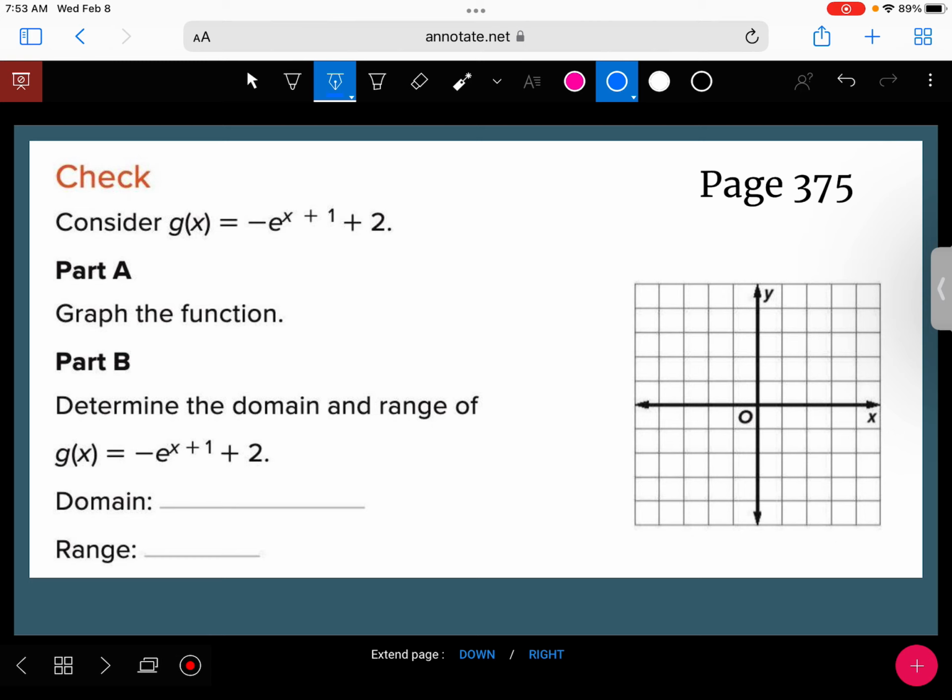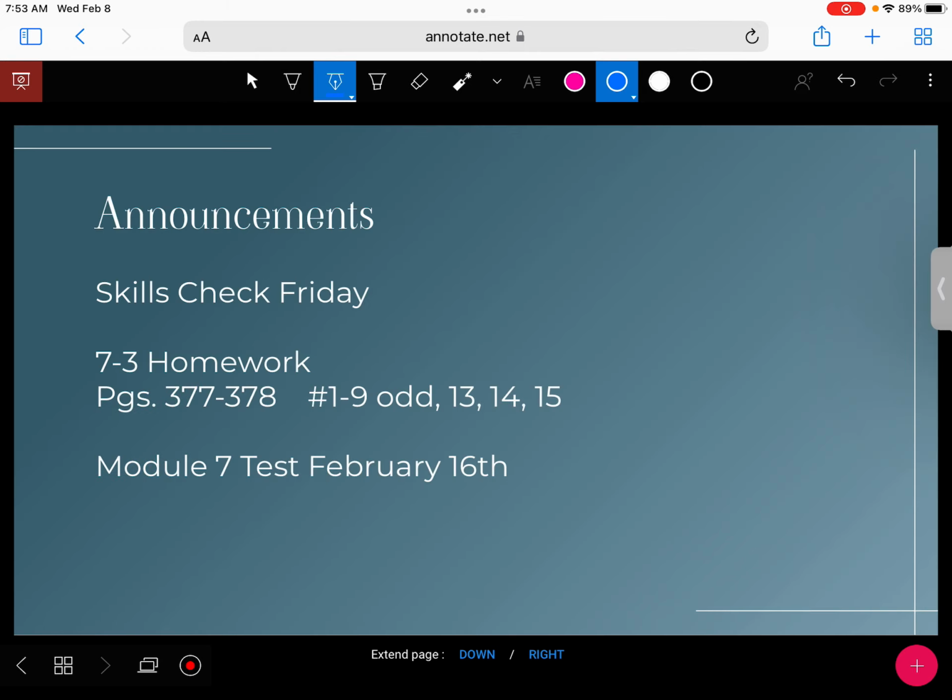Just because the graphing part is going to take a little longer, especially because we're dealing with e for the first time. So we're going to wait to finish this Friday. Is everyone grasping the concept of e? A little bit? Okay. Any questions so far? No? Okay. Perfect.